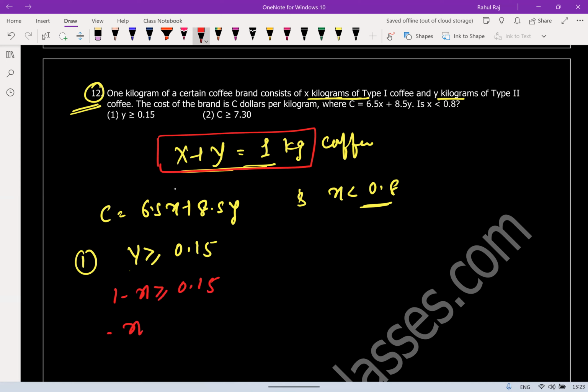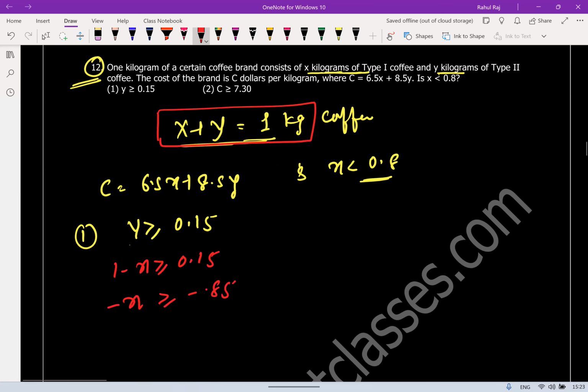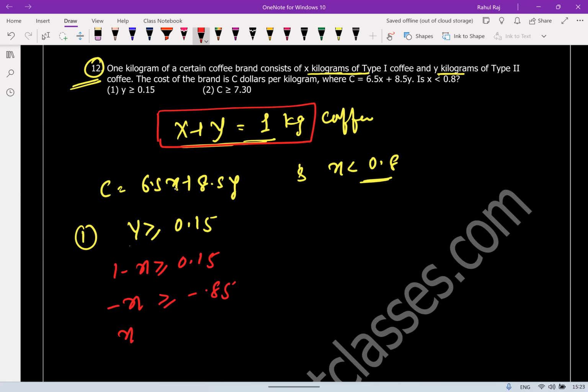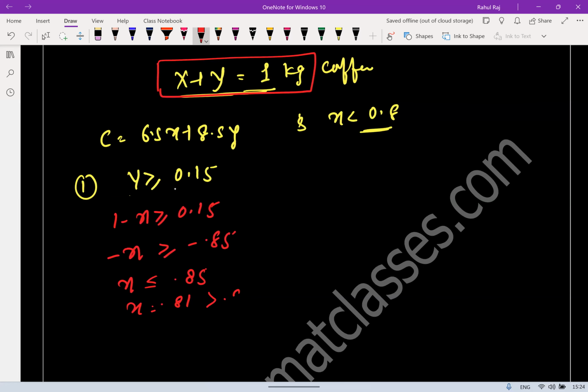That is nothing but minus x is greater than or equal to minus 0.85, and if I multiply by a negative, x is less than or equal to 0.85. But if x is at most 0.85, x can be 0.81, which is greater than 0.80, and x can be 0.75, which is less than 0.80. I have a yes and no situation. I can say this is not sufficient. Am I right? Yes or no?